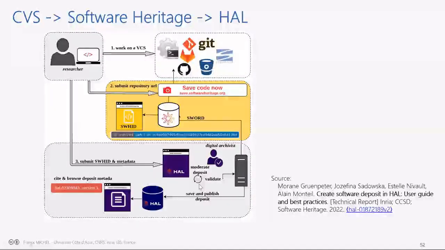Basically, you still have to submit a bit more metadata, but most of it will be harvested from Software Heritage, so it's mostly all automatic. HAL will harvest it and store all the metadata locally. There is a moderation process, and in the end, you get a HAL ID along with your software, which points back to Software Heritage.